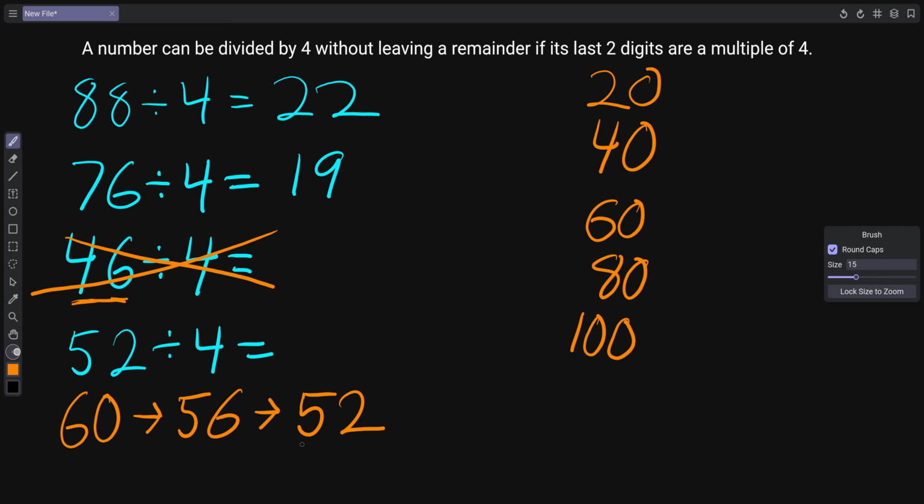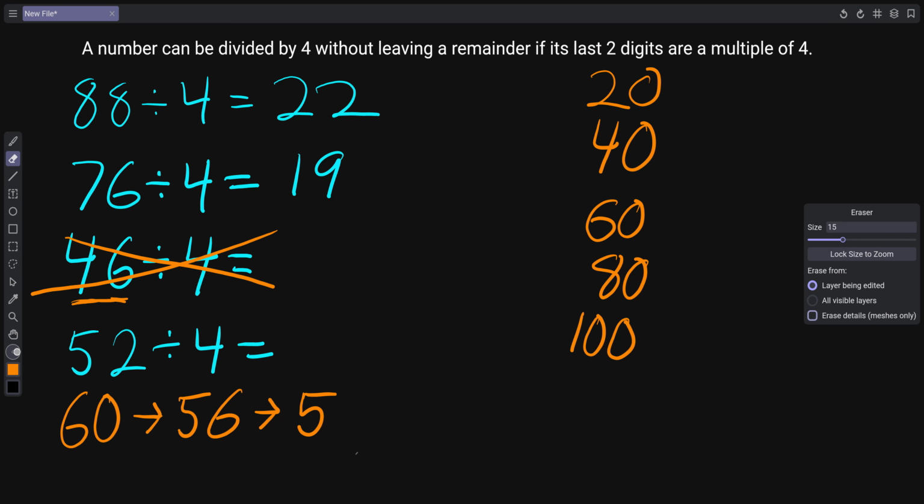And we can actually see here that 52 is a multiple of 4. So we know that it will evenly divide. And now we just do the division.